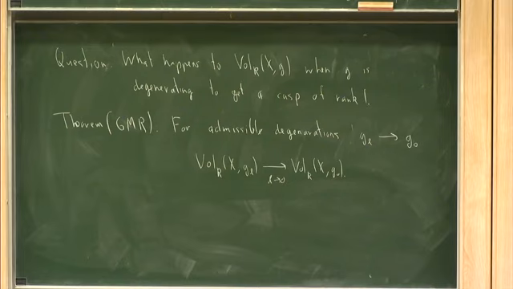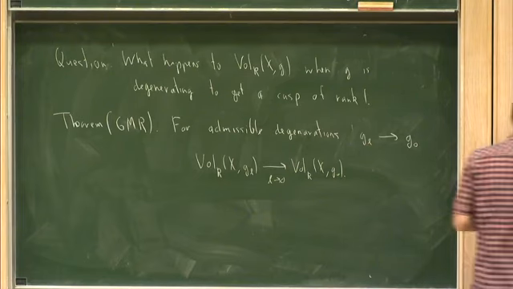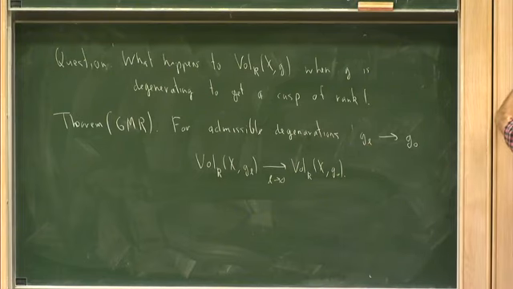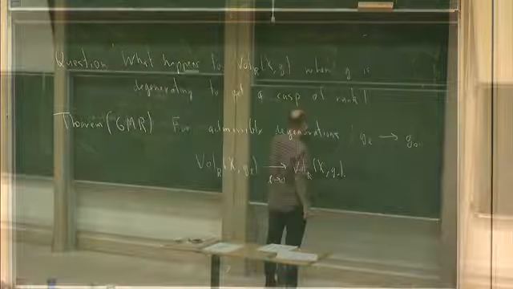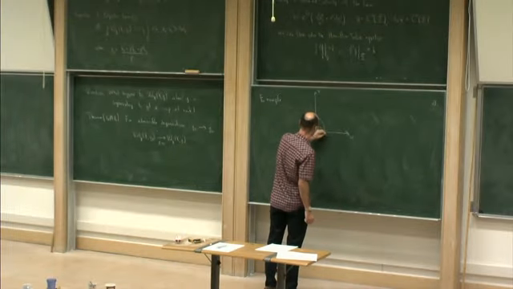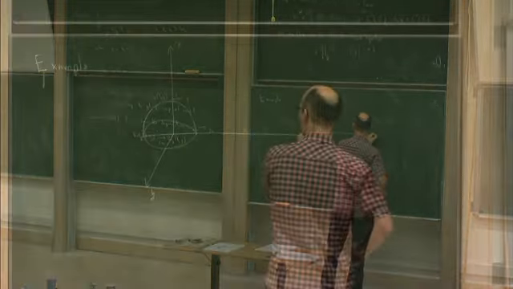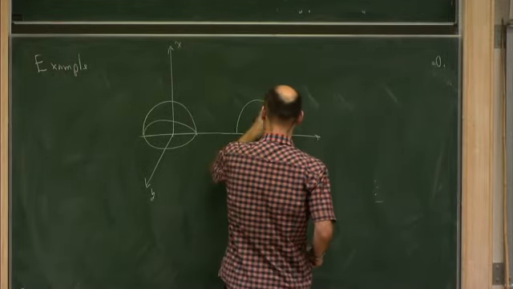Look at what happens in the classical Schottky case. I start with the upper half space, and I look at two spheres of radius 1.